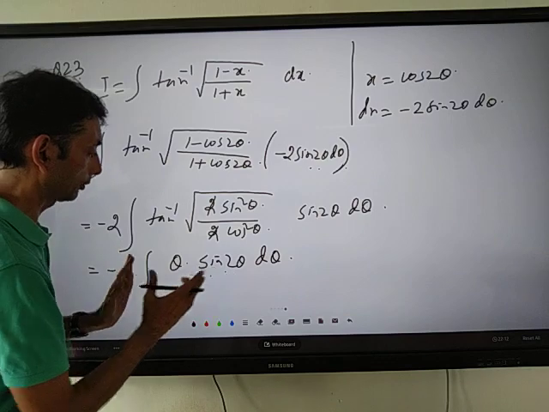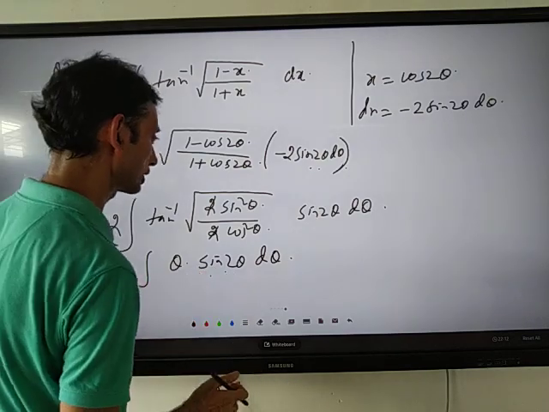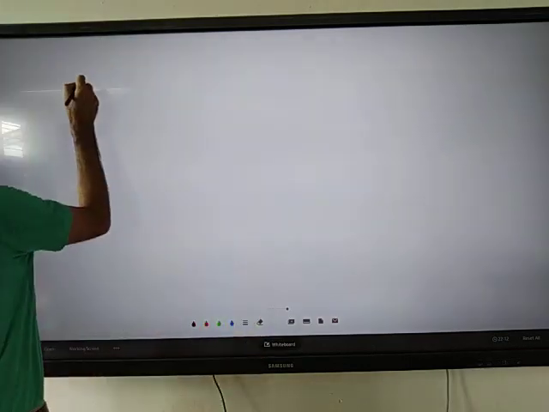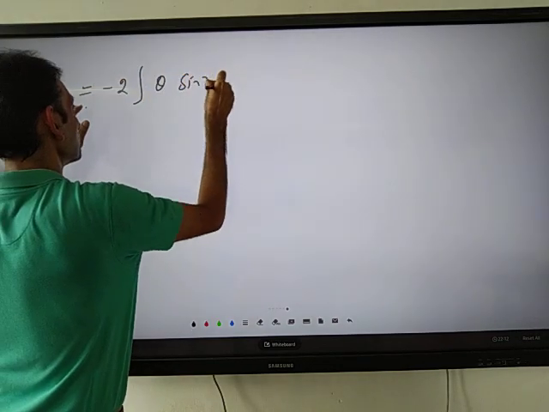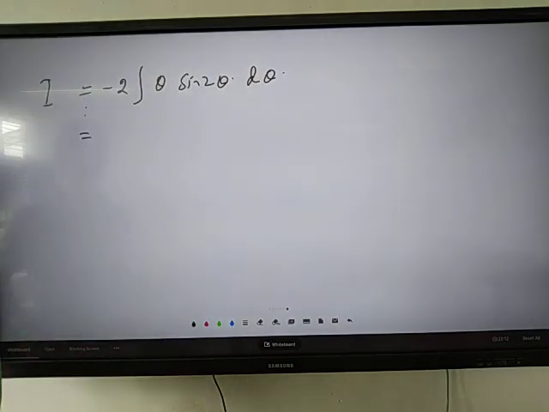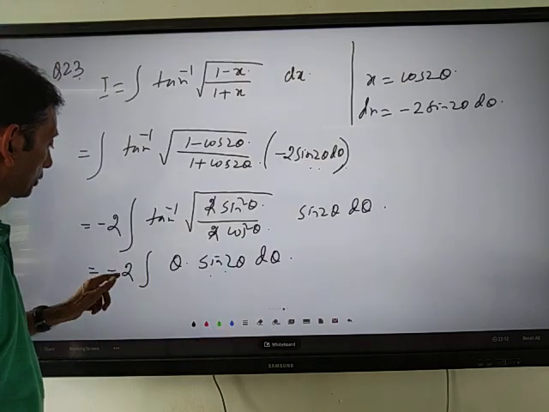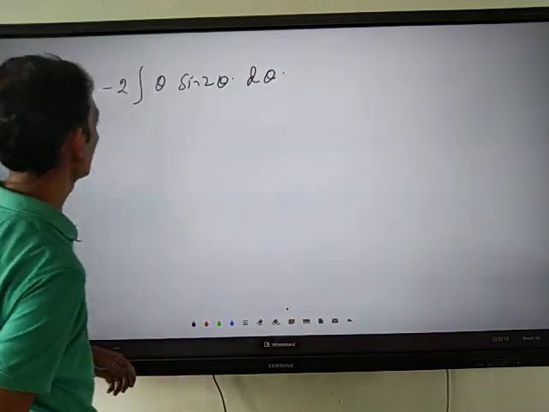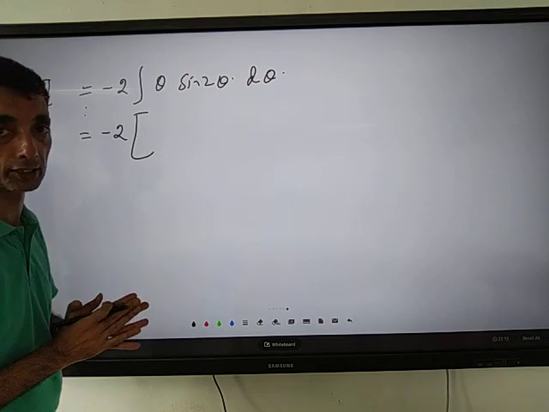And we know that we can easily integrate functions like theta sin 2 theta d theta. We can just move to another page. We'll continue with this minus 2 theta sin 2 theta d theta, where we have left off. This is I. Minus 2, we'll go for integration by parts.